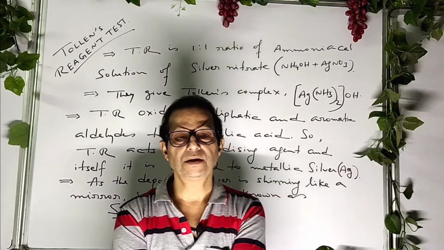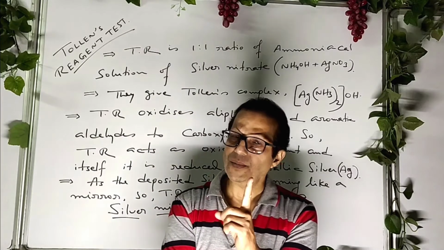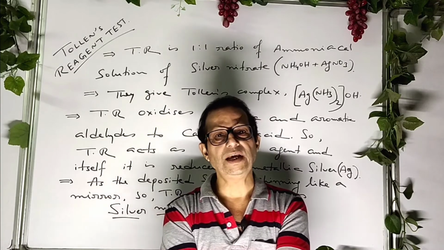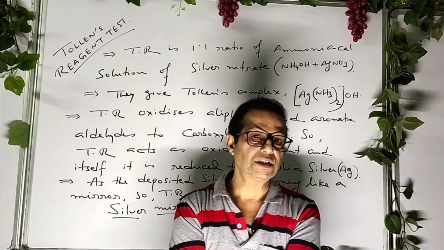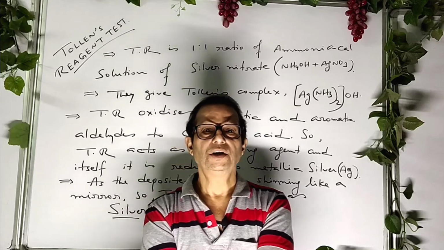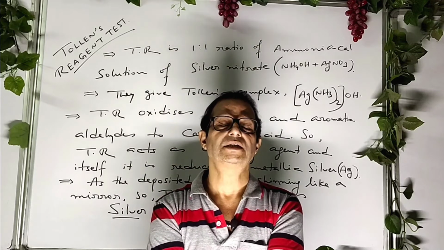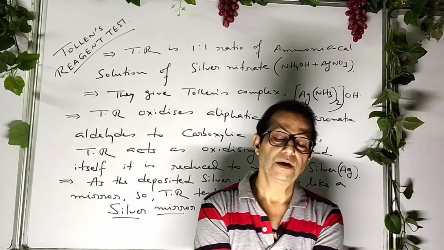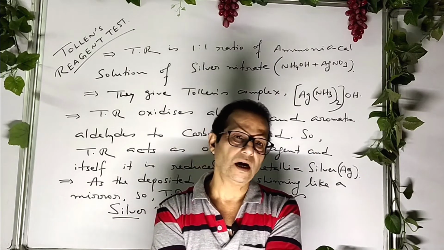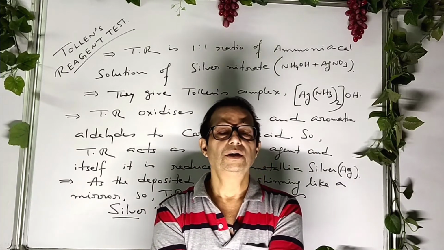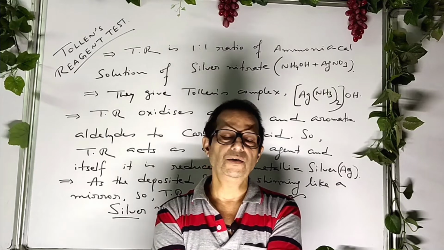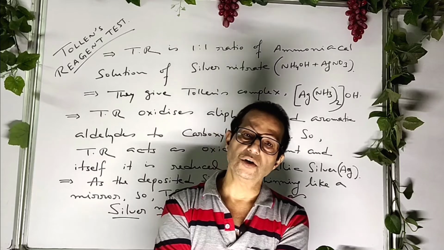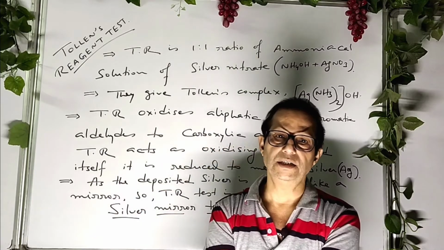I repeat, it is the formic acid only among all the carboxylic acids which undergoes Tollens reagent test. Other compounds, yes, there are other compounds, that is glucose. You know that glucose contains one aldehyde group, so glucose also undergoes Tollens reagent test.